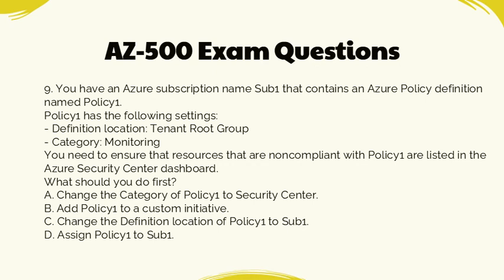What should you do first? A. Change the category of Policy 1 to Security Center. B. Add Policy 1 to a custom initiative. C. Change the definition location of Policy 1 to Sub1. D. Assign Policy 1 to Sub1.